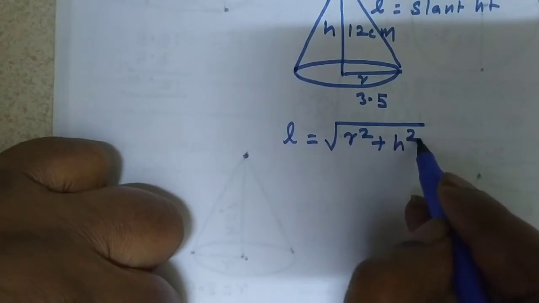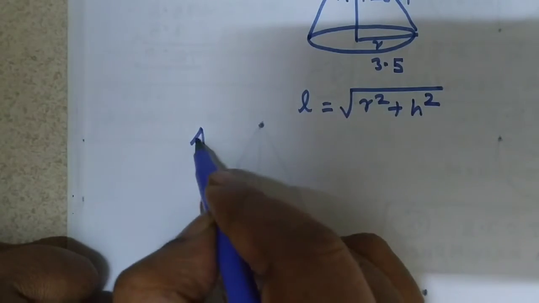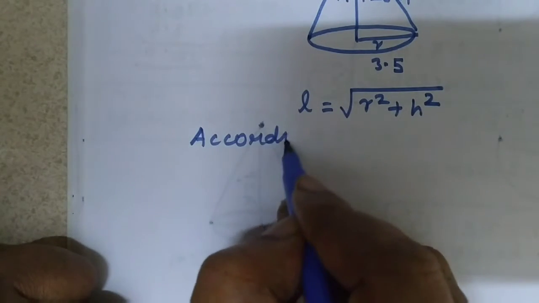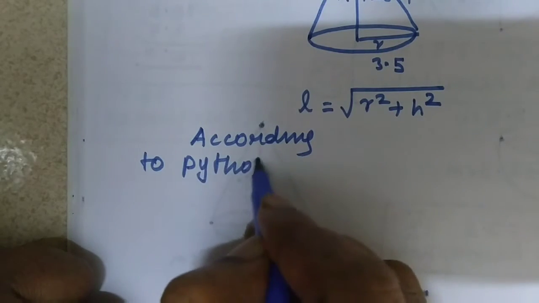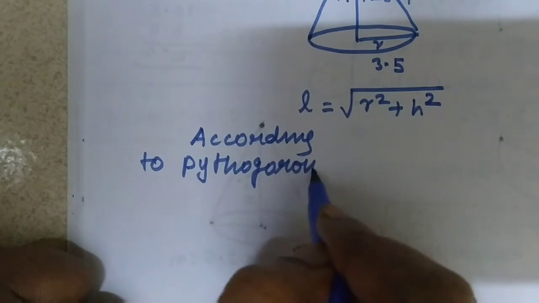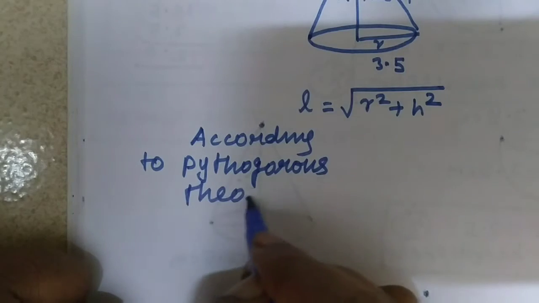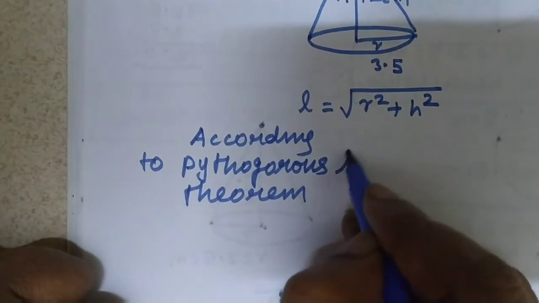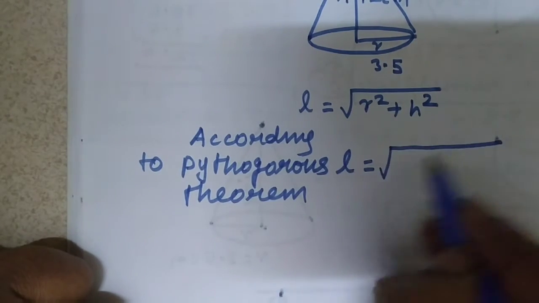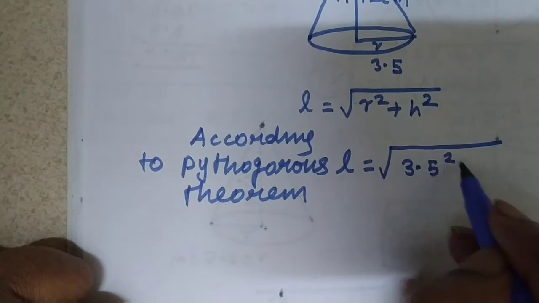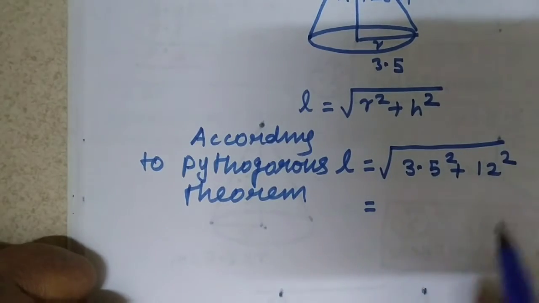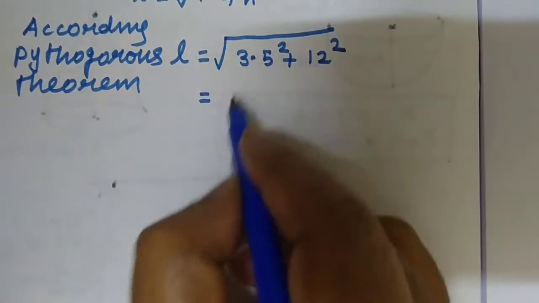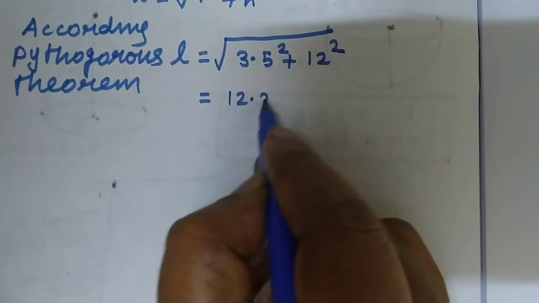Slant height is the longest side. L equal to square root of r square plus h square. The value of r is 3.5 and the height is 12. So 3.5 square plus 12 square.